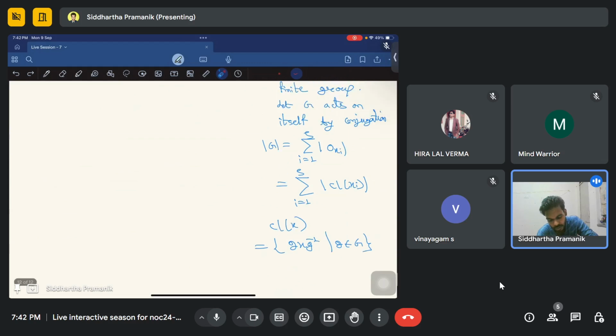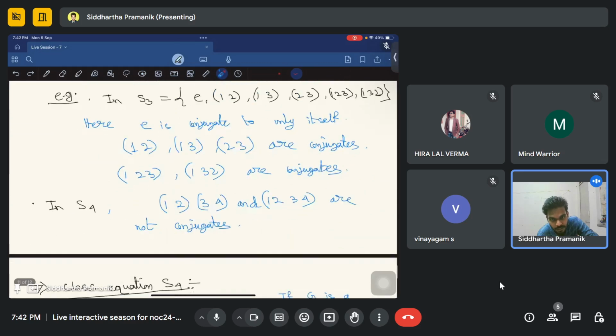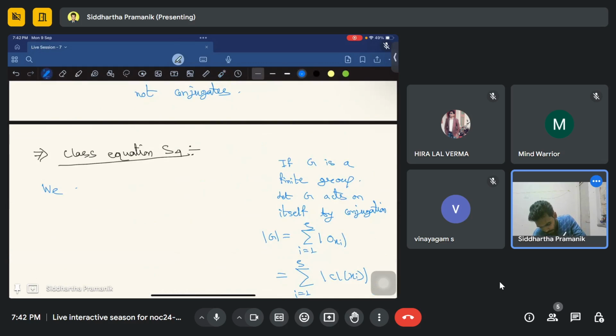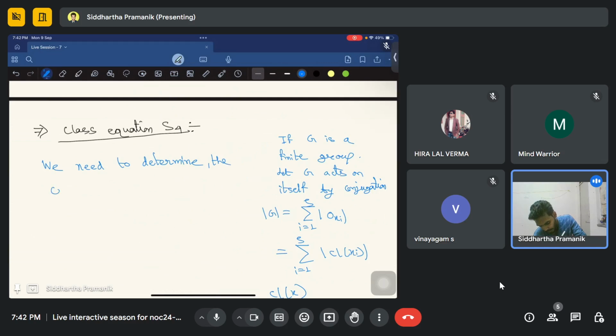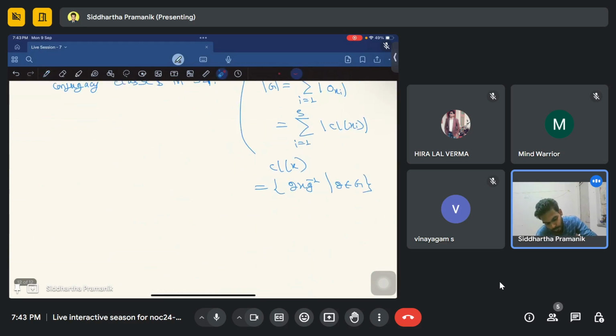That means we need to determine how many elements of different cycle structures there are. A conjugacy class is the set of all conjugates of some element, and these elements have the same cycle structure, right?